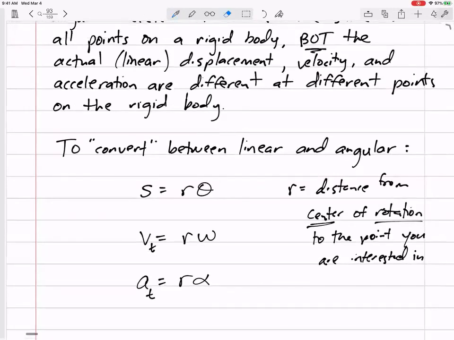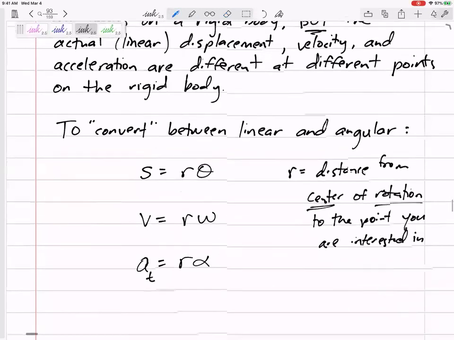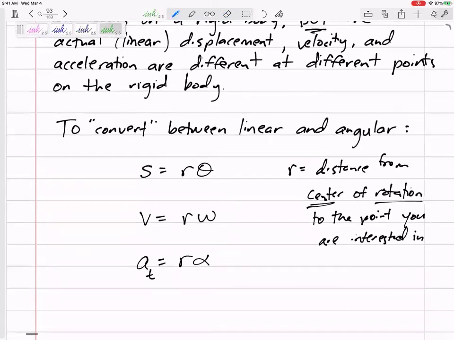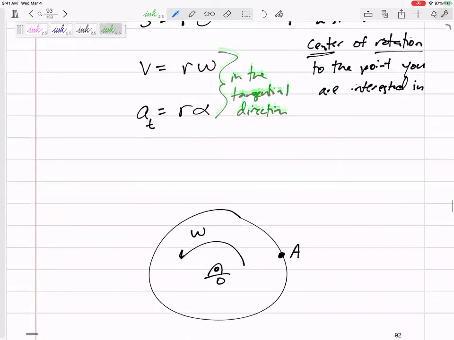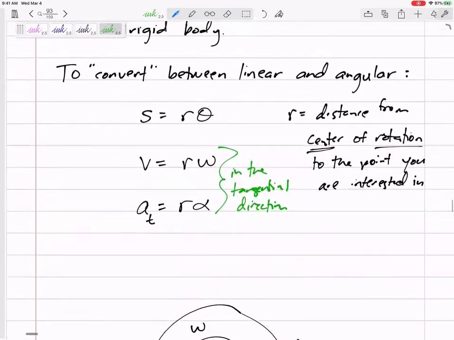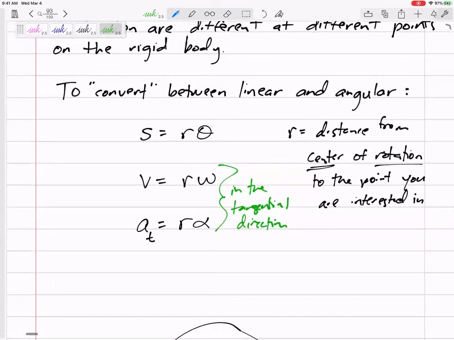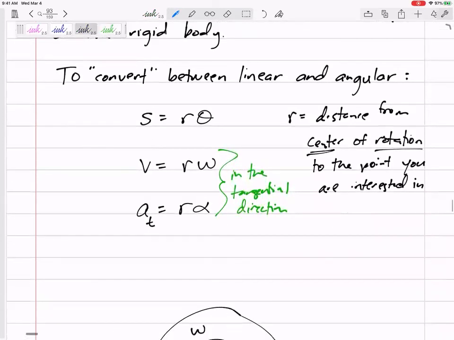So maybe I'm going to erase this. I'm going to make a note that these two are in the tangential direction. What direction is the tangential direction? Well, we'll talk about it at this disk down here.